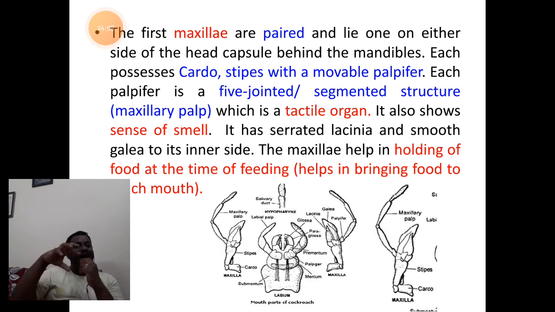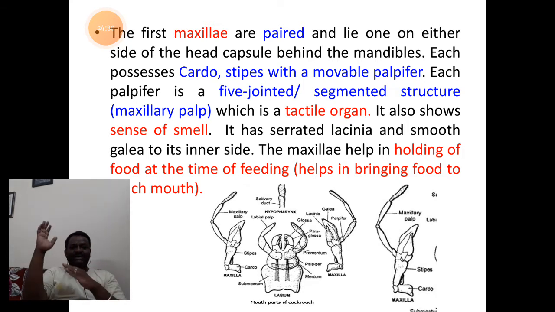It is a tactile organ. They are the organs of sensation of touch, also sensation of smell. This structure, the palpifer, is movable.